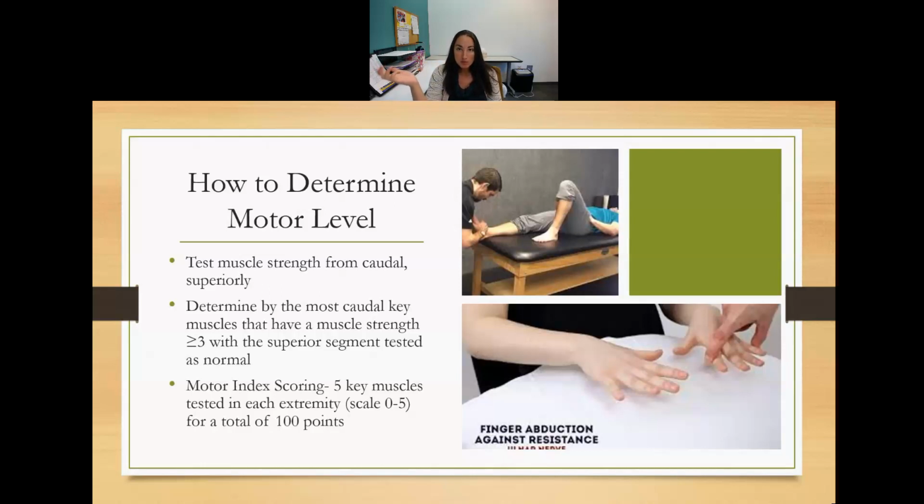And if they had 2 out of 5 on all 5 of the key muscles in both arms, then the arm score would be 20, 10 here for one arm, 10 for the other, and then the leg score, if they had full strength, could be 50, based on what you've got in there. So that kind of can help you understand how they got the motor index score. They did manual muscle testing, give them muscle grades in the key muscle groups, and then gave them an overall score.